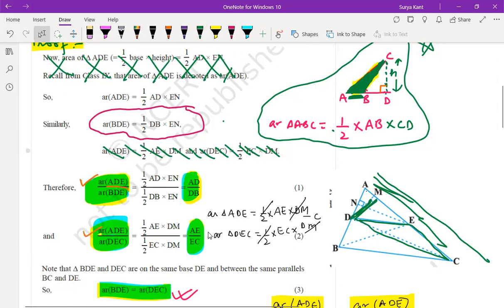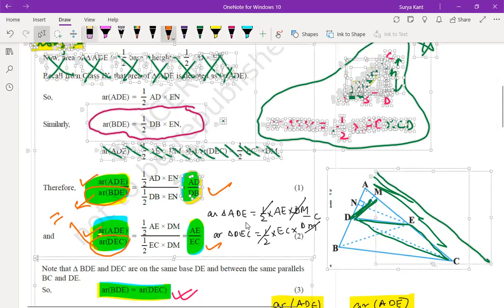But we have to prove that this BDE part is equal to the DEC part. If both parts are equal, then we can say that AD by DB is equal to AE by EC. How do we prove that BDE and DEC are equal?